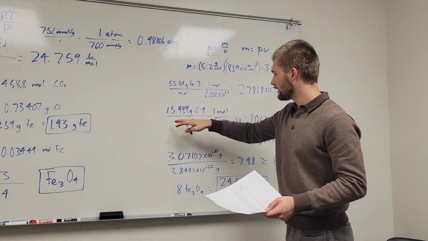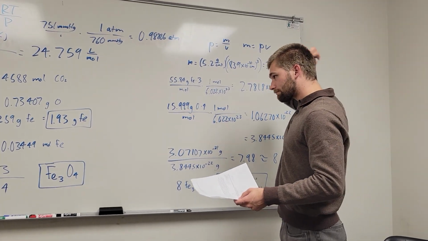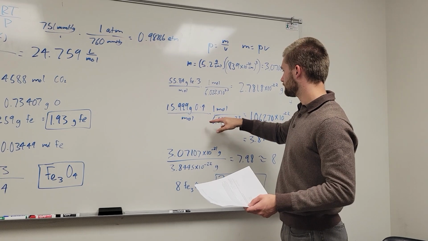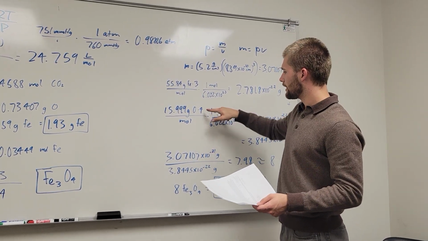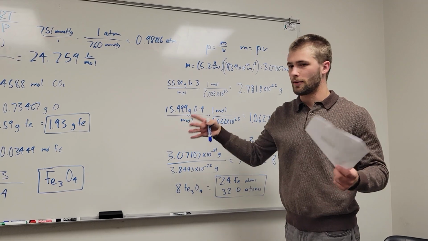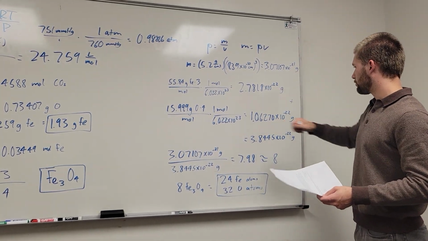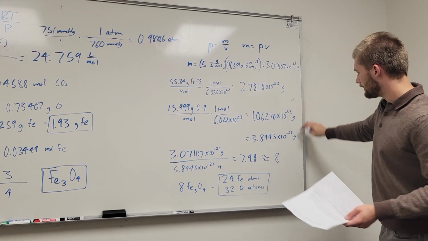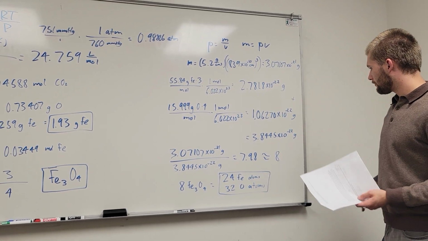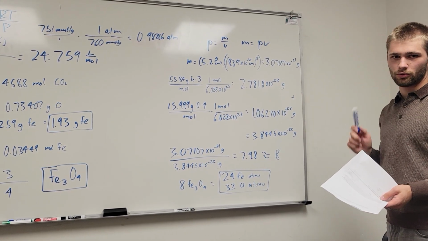Now doing the same here, we've got the atomic mass of oxygen divided by Avogadro's number, which yields the mass of just 1 atom of oxygen, multiplied by the 4 atoms that we have, yielding 1.06270 times 10 to the minus 22 grams. Adding these together, we have 3.8445 times 10 to the minus 22 grams.